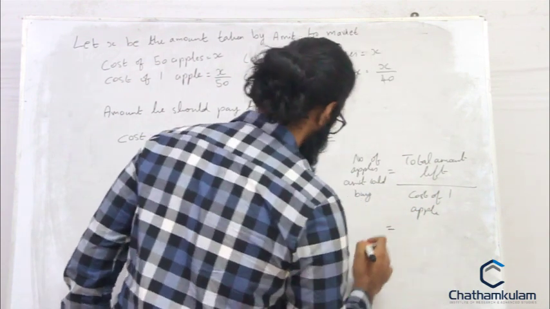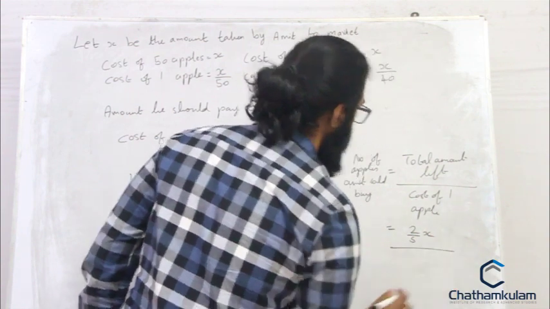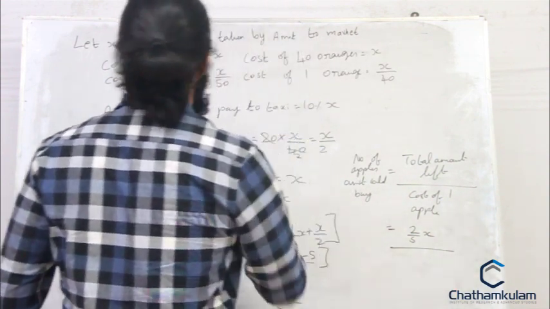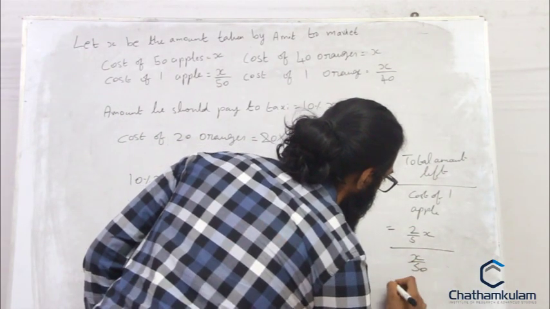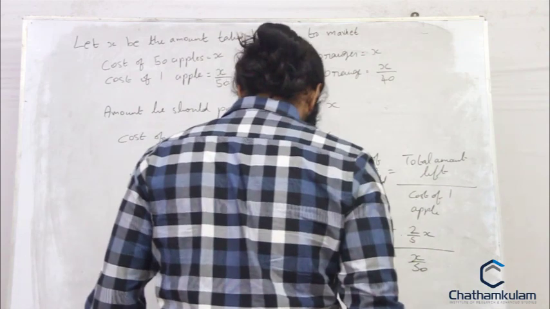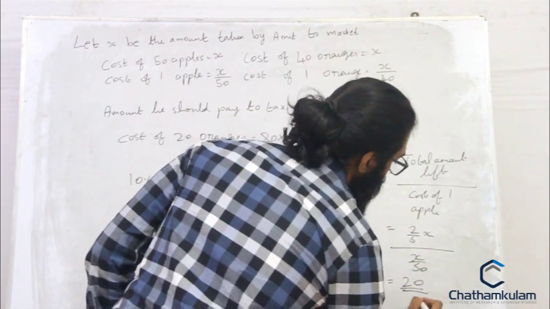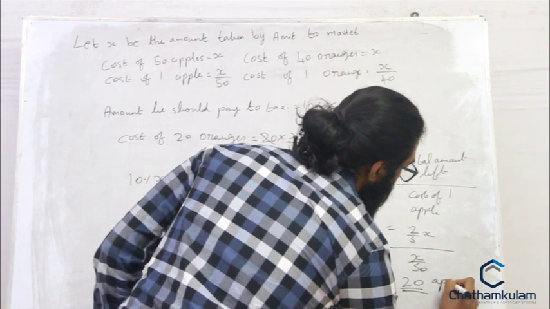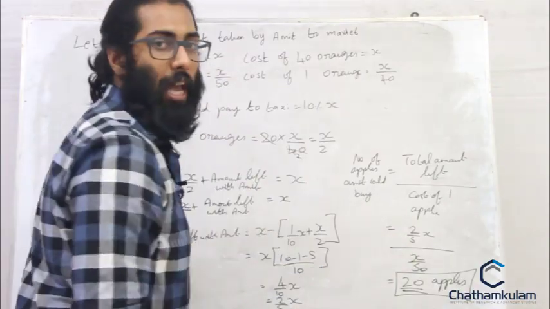That is equal to 2 by 5 X whole divided by, what is the cost of one apple? It's X by 50, right? By X by 50, which will be equal to, we cancel this and get 20. Yes, so he could buy 20 apples with this left out amount.